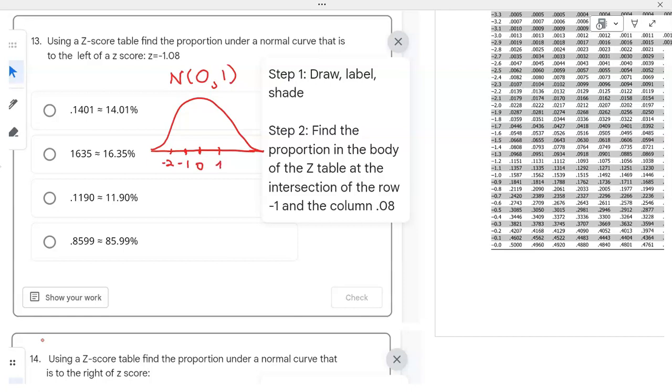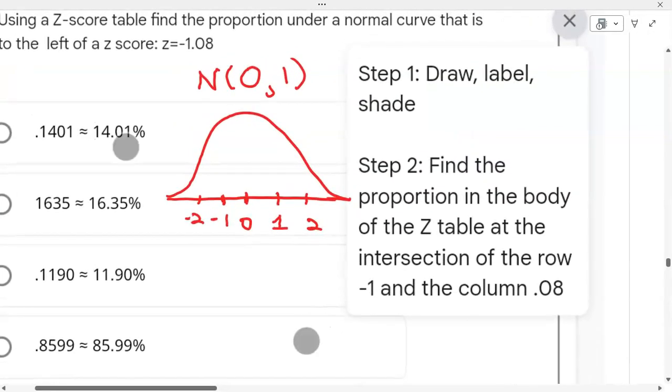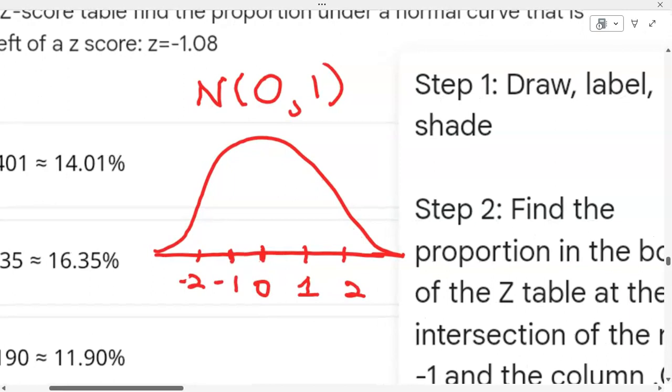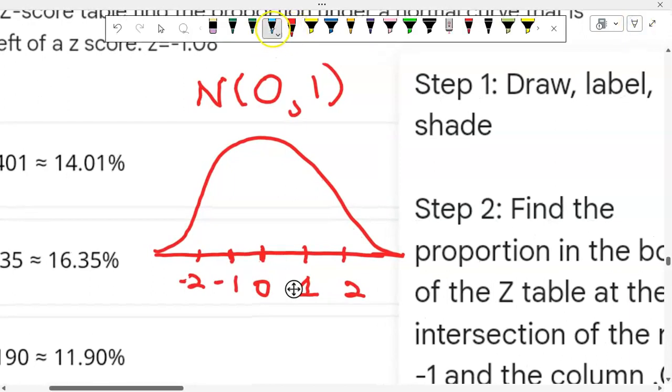This would be a standard deviation of 1, 2, etc. So the question is, well, what would the proportion be if I went to -1.08? So that would be just a little bit past -1. So maybe somewhere about there. And I want this area of the curve.